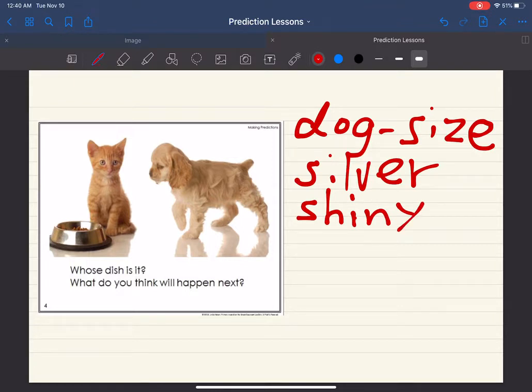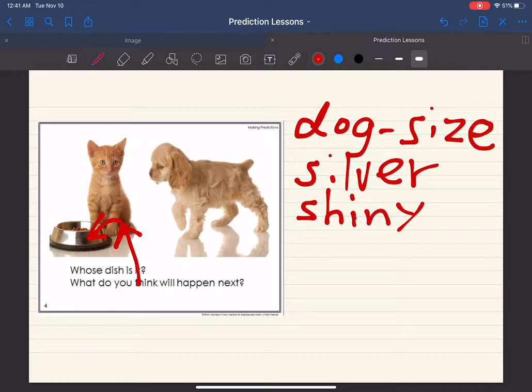This actually is interesting because I know we're talking about predictions, but for me, the prior knowledge comes out in a text to self because this is something that happens regularly in my house. Regularly in my house, I have a cat who's sitting next to the dog bowl.